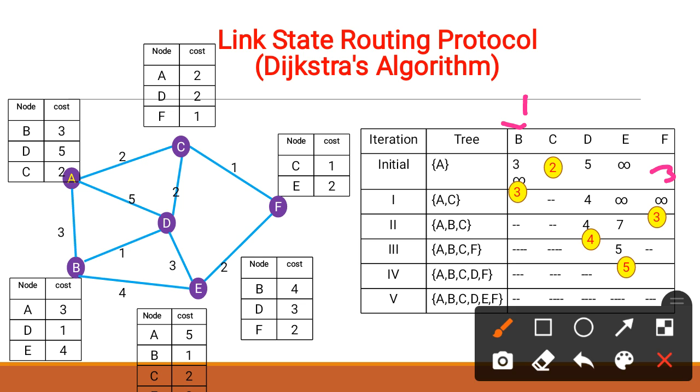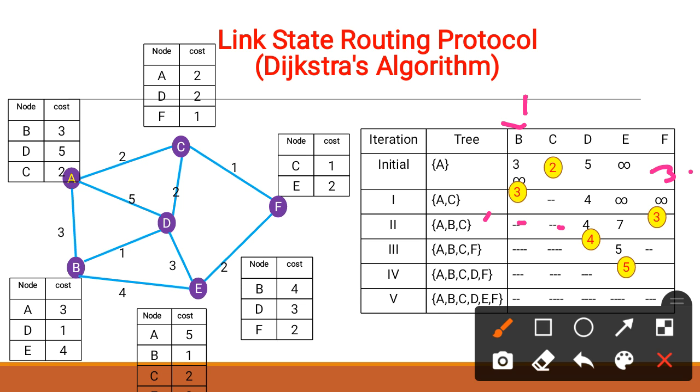We could take B or F also, but only one at a time. That is why we are selecting B. We write it here, and C is already in the tree. Now we are adding B also. So A, B, C. When we visit B, we write a dash, and C is already visited.